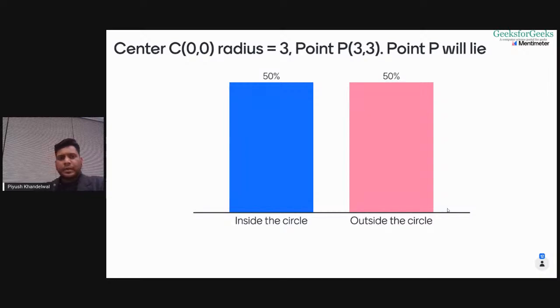Let me just verify this. So half of the people are saying inside, half are saying outside. But I can assure you, those who are saying inside have not verified it.